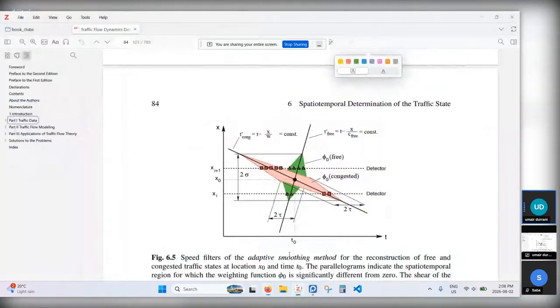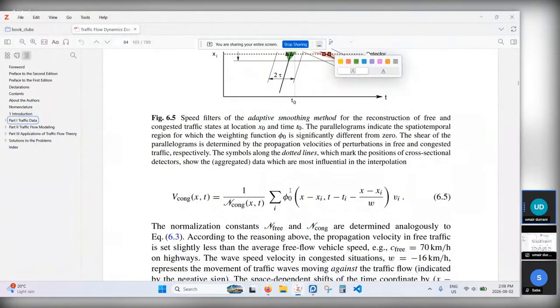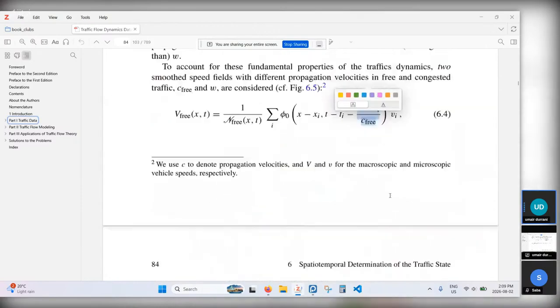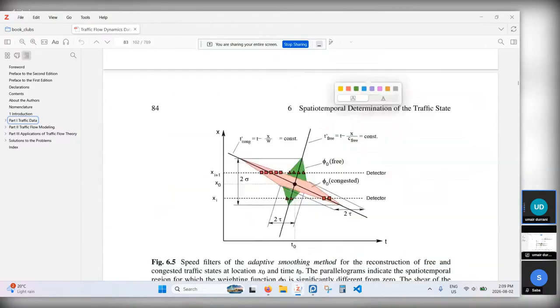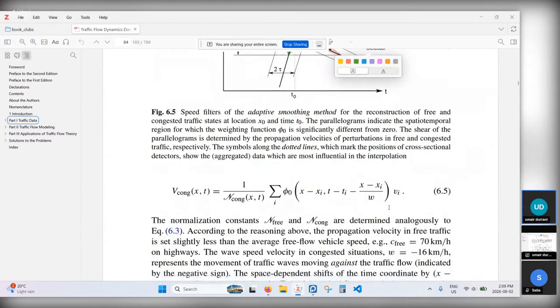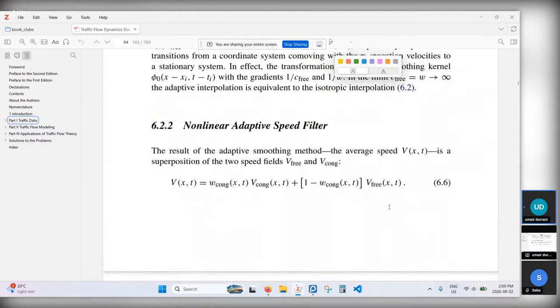And so the equation for the congested condition is similar. The difference is that instead of C free, we are considering the propagation velocity of the traffic jam. So we now have two equations, V free and V congested. And then we use a nonlinear adaptive speed filter where we consider different weights.